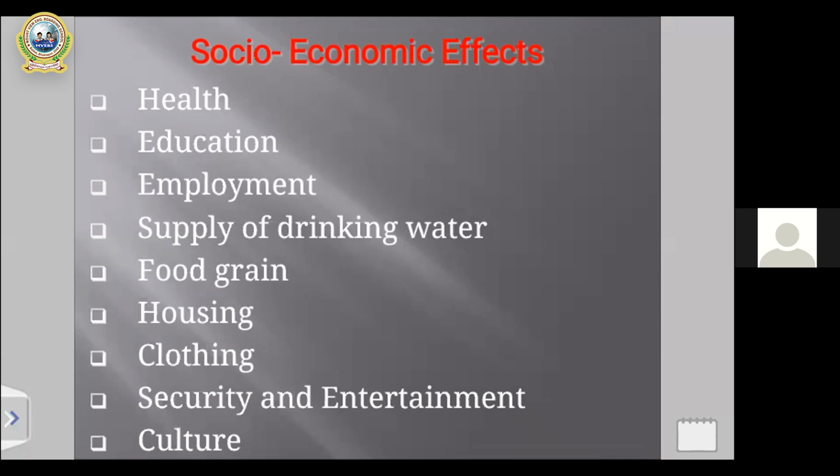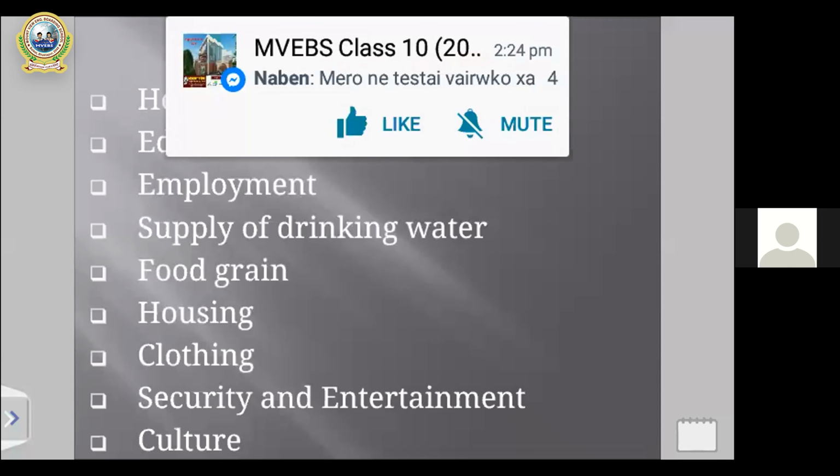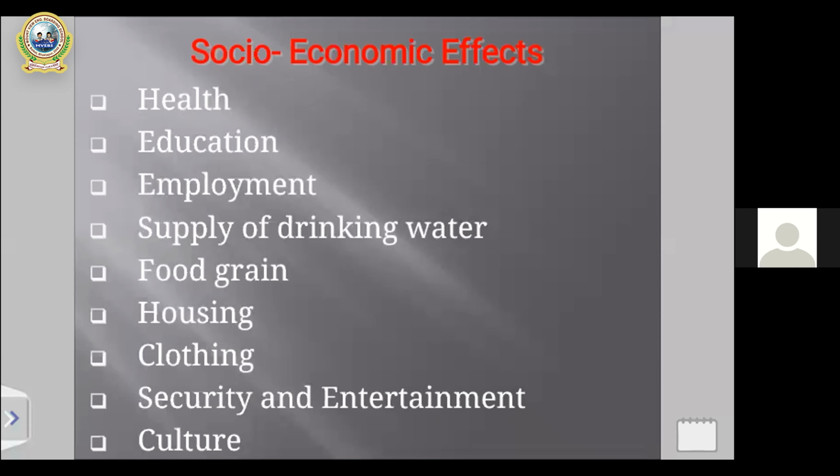But because of rapid population growth, there is a housing problem. There is a lack of good housing, and good housing means the availability of different services and facilities in that house.